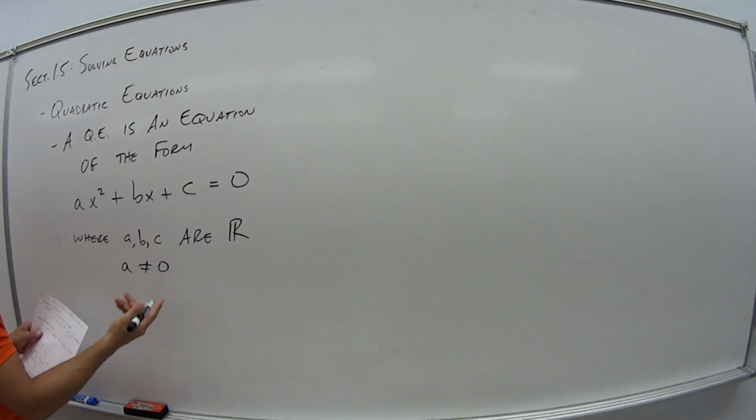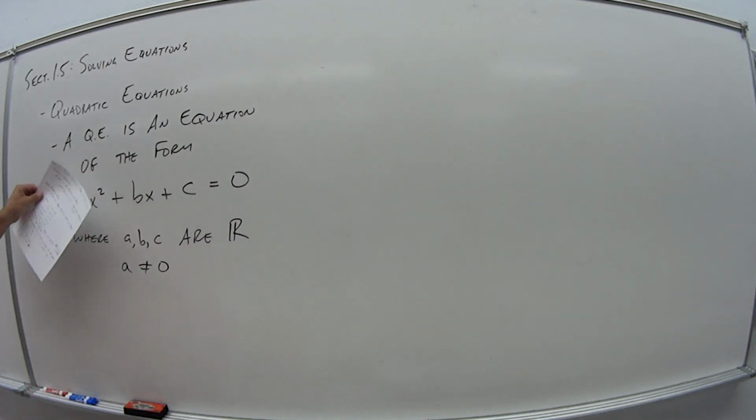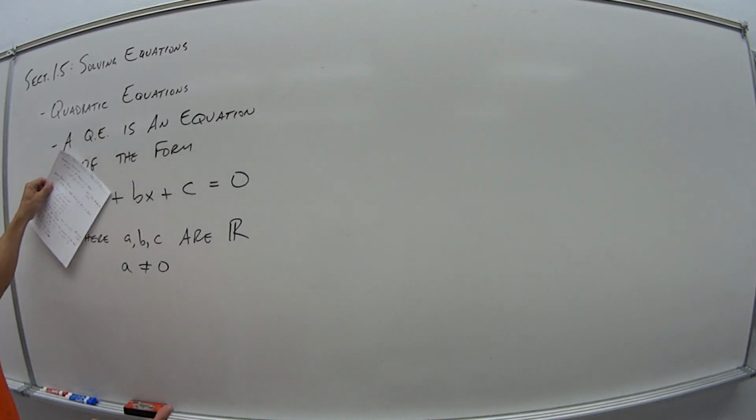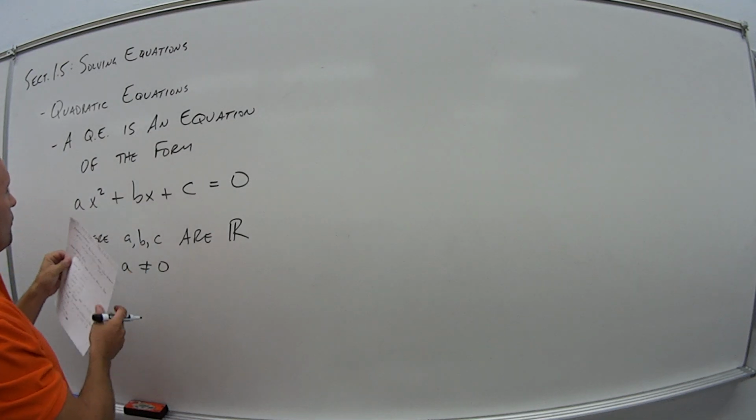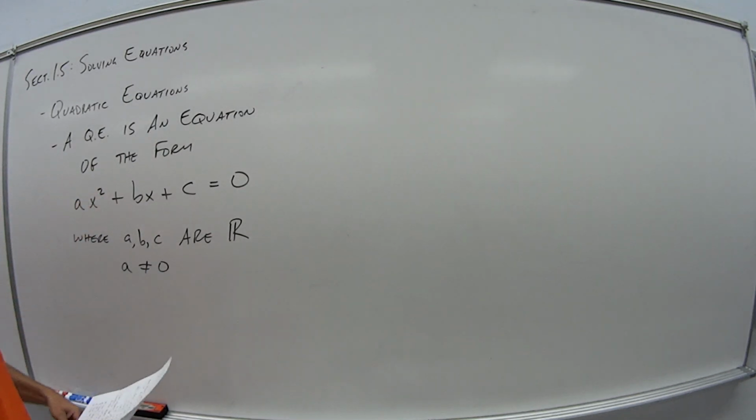And a, of course, can't be 0, because if a is 0, what happens? Well, this first term goes away, and now it's not a quadratic equation. So quadratic means we're going to have an x squared term.